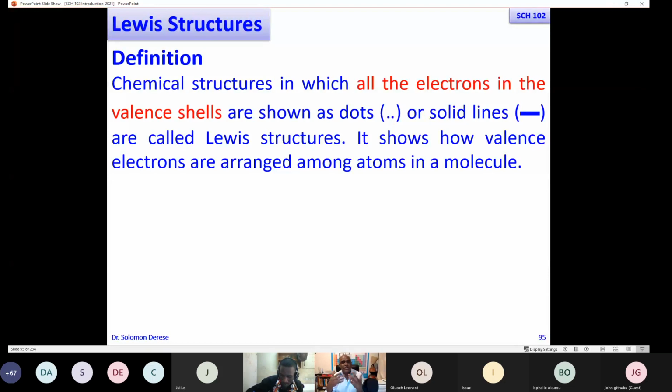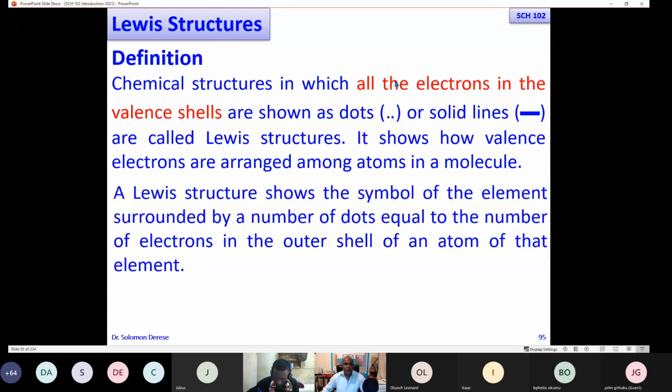So when you are writing the Lewis structure of a molecule of water, for example, you are just showing how these 8 valence electrons, coming from the 2 hydrogens and the oxygen, are arranged among the atoms as a molecule of water is formed. So we'll see how this works.